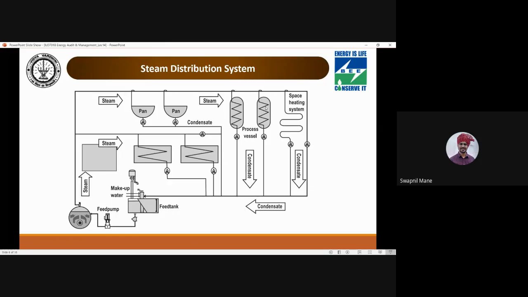Whenever you are designing any process or any steam generation system, the steam distribution system should be considered at the design phase. Why it is so important is that when steam flows through the pipe of the distribution system, it tends to get condensed.